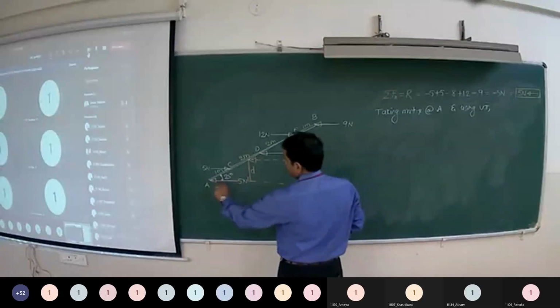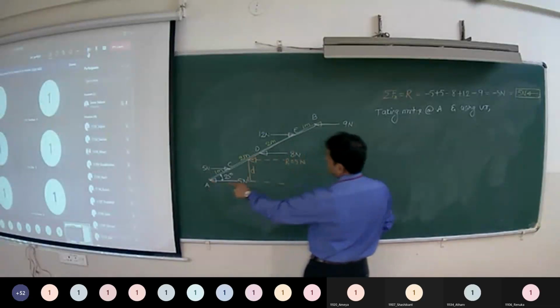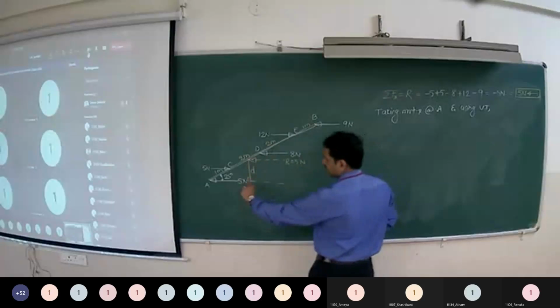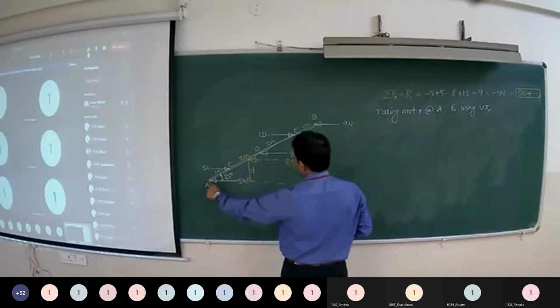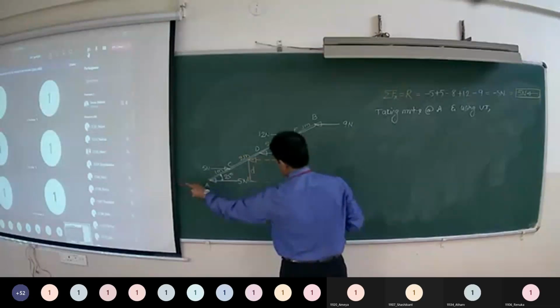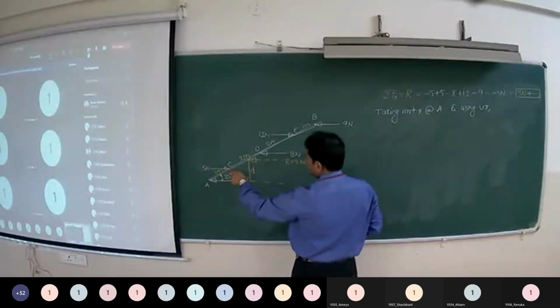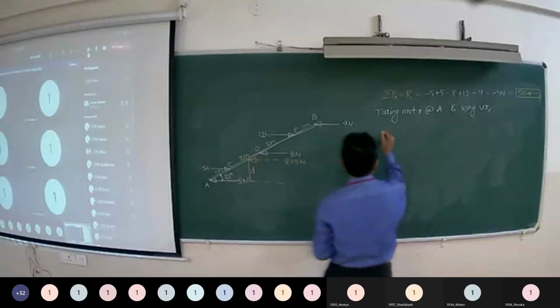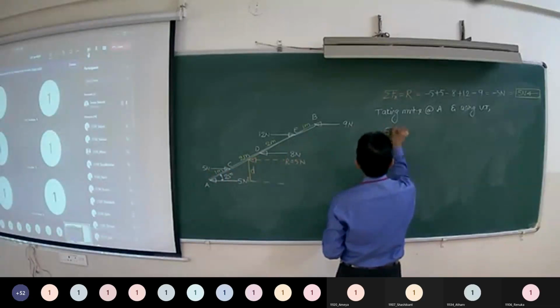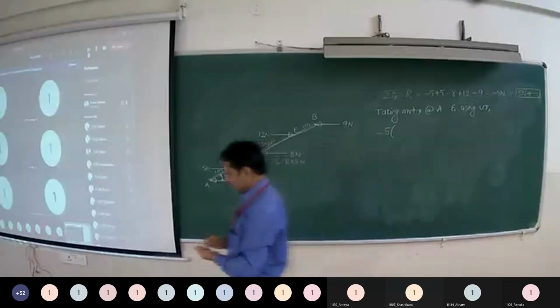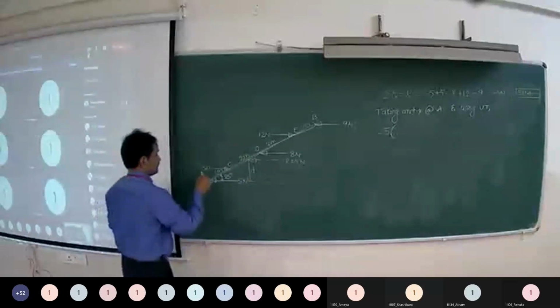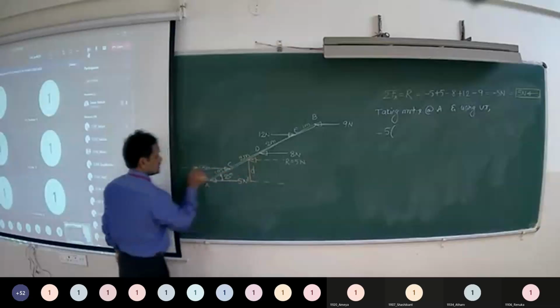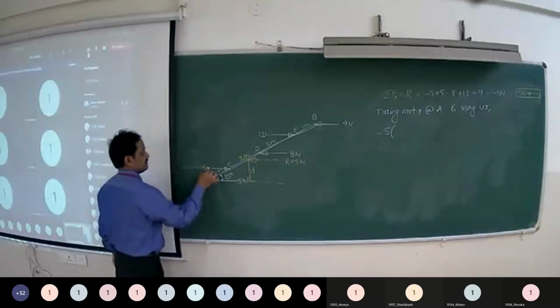the moment of this 5 Newton will be 0. We have the algebraic sum of the moments of all these forces. The moment of this 5 Newton which is acting at A will be 0, as the line of action is passing through it. The moment of this 5 Newton which is acting at C about A will be clockwise. So it is minus 5 into the perpendicular distance from the line of action of this force to the point.